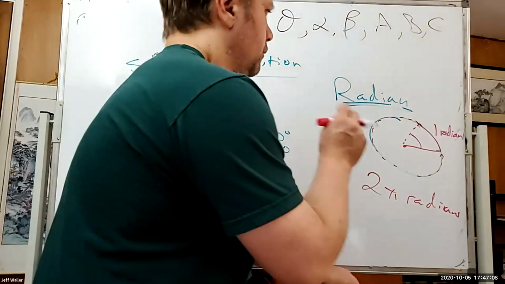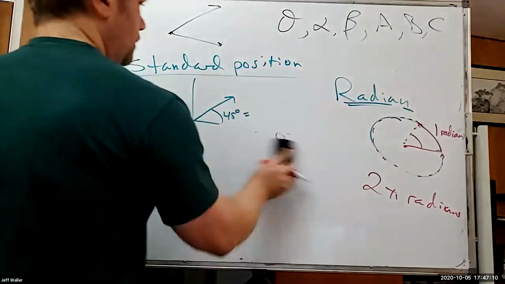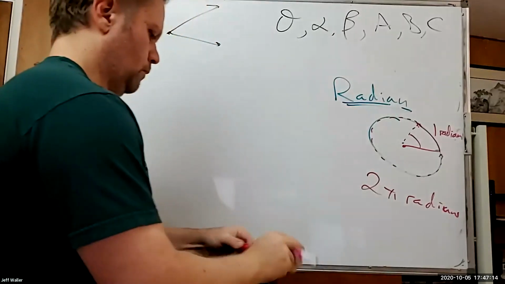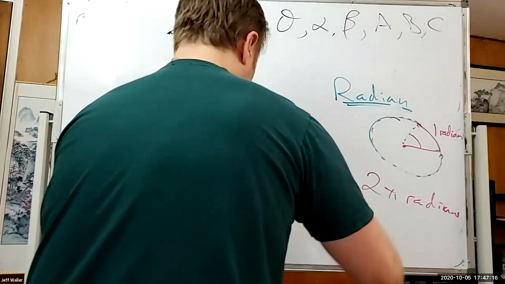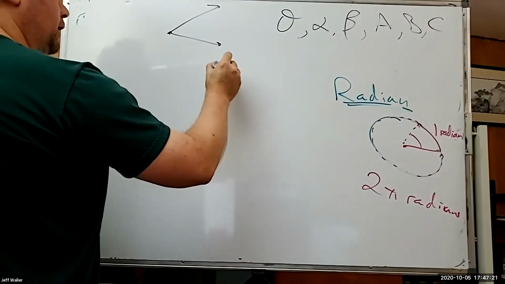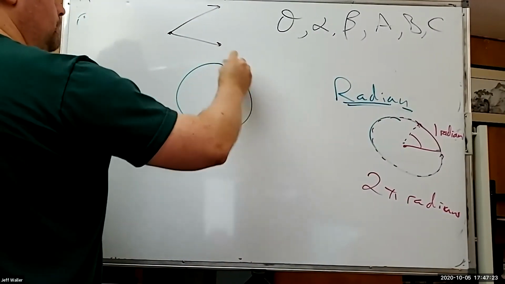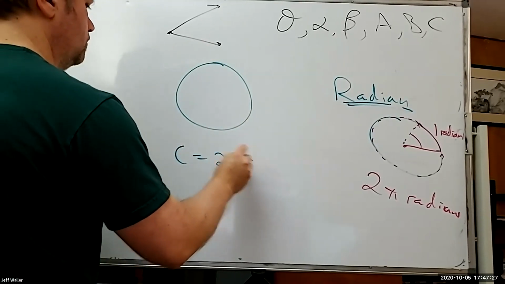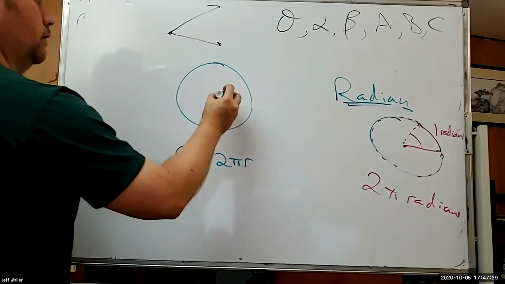So something to realize is, let me see if I can make this picture good. So if I want to kind of reconstruct the lecture I did last time, the whole circumference is 2 pi r, right?